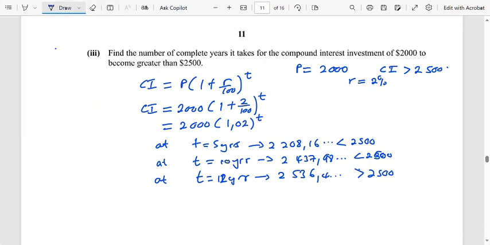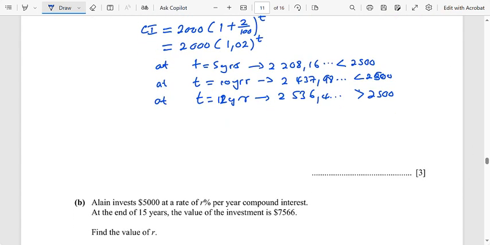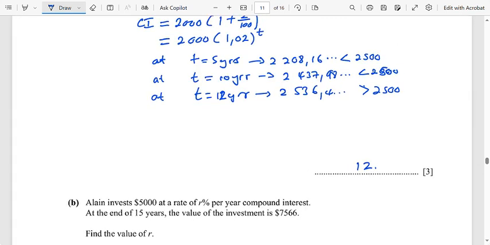At T equal to 11, it wasn't the case. So what it means is the number of complete years it takes for the investment to surpass 2,500 is 12 years. So that's the number of years there, 12 years.